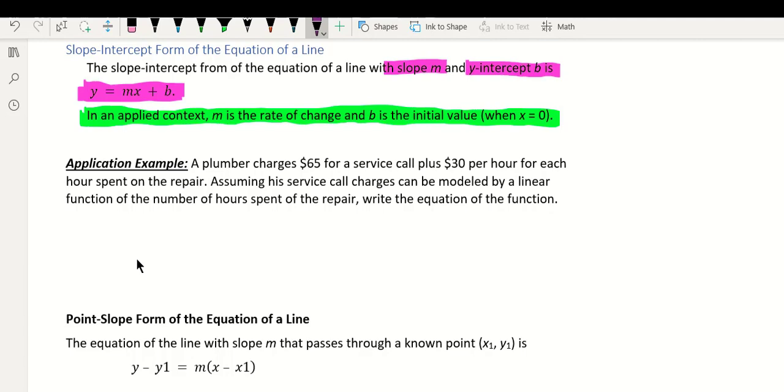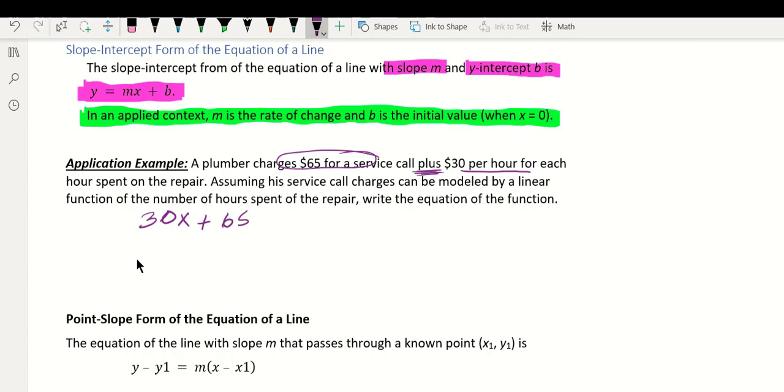So this is very similar. He charges 65 bucks off the top, right? Plus, the keyword here is the plus, right? Plus $30 per hour. So $30 per hour plus a $65 service call.